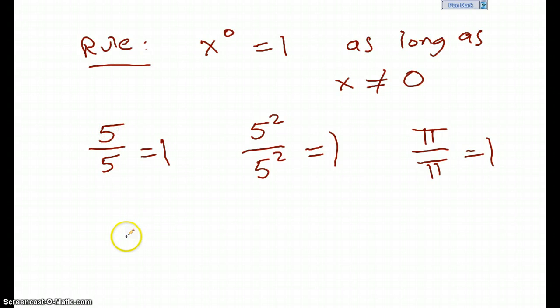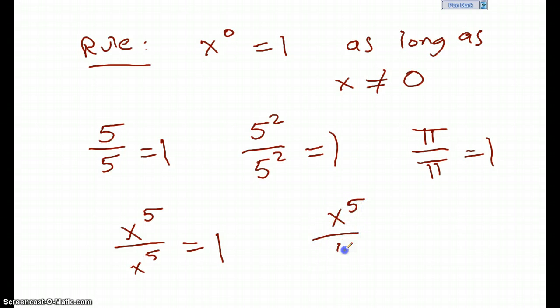Okay, well let's do this with a base that we'll just call x. So if we have x to the 5th divided by x to the 5th, we know that that's going to be 1. On the left-hand side, though, I know that if I divide something by itself, the rule of thumb is I can take x to the 5th over x to the 5th, which I know is equal to 1, and I can actually write this as x to the 5 minus 5.